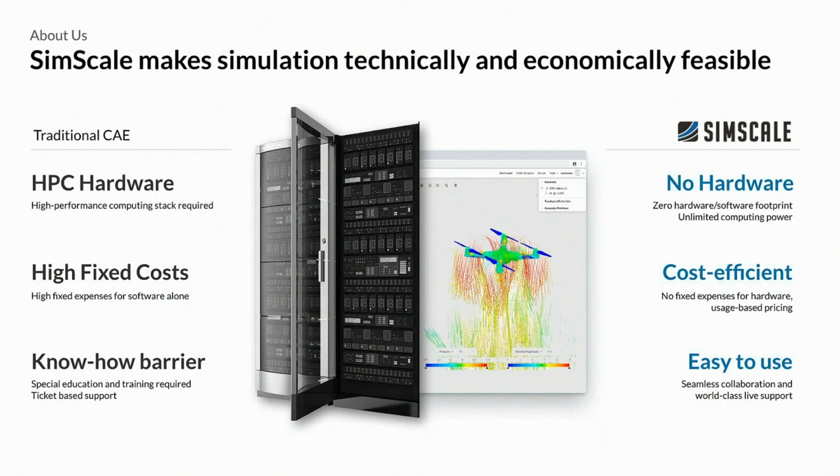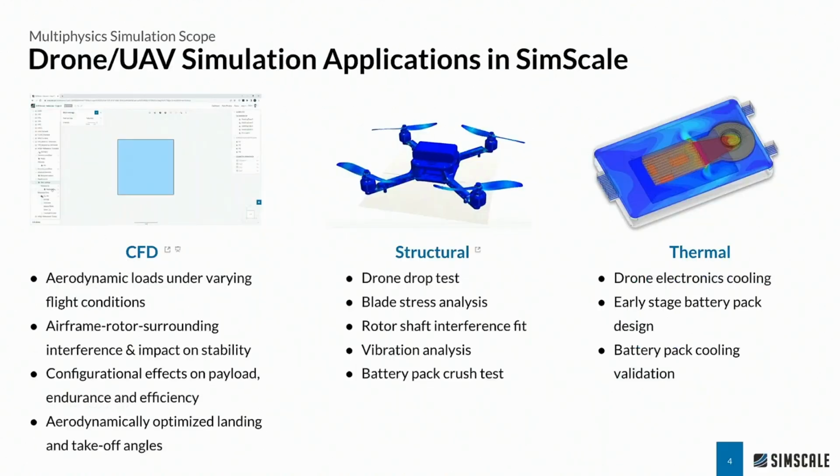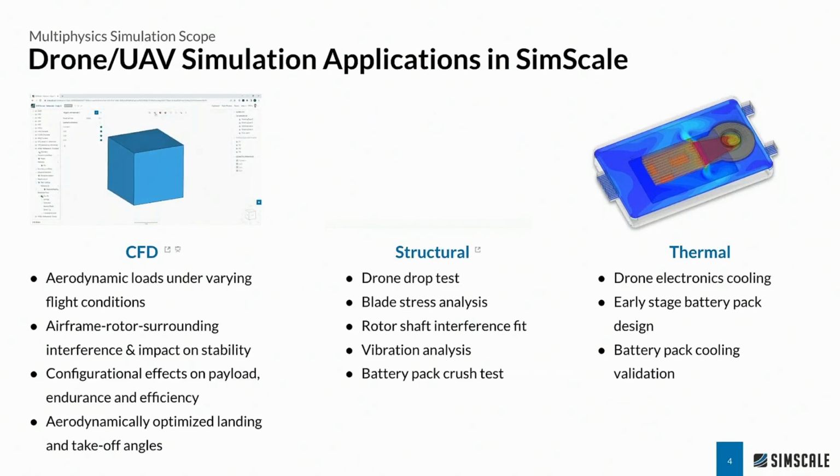You haven't got to have somebody constantly installing, updating, and so forth. And it's also incredibly easy to use, as you'll see in the demo. There are very nice collaboration tools. You can easily share your projects with your colleagues. The call to action at the top is that we really make simulation both technically and economically accessible and feasible.